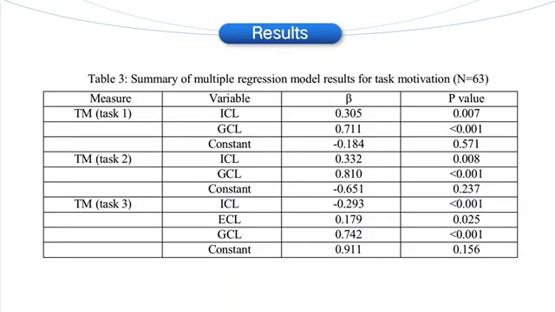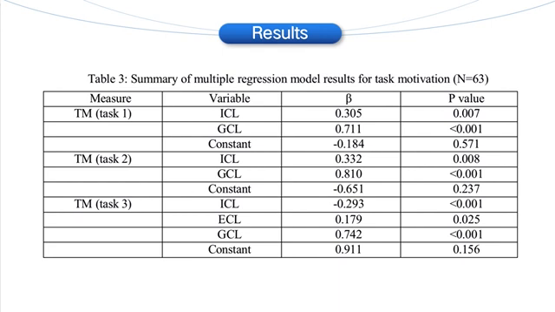Subsequently, multiple linear regressions were performed to predict the task motivation. It is the dependent variable, based on three types of cognitive load. So cognitive load here is the independent variable. Table 3 presents a summary of the results. In Task 1, a significant regression equation was found. Similarly, in Task 2, only intrinsic cognitive load and germane cognitive load had significant effects in the model.